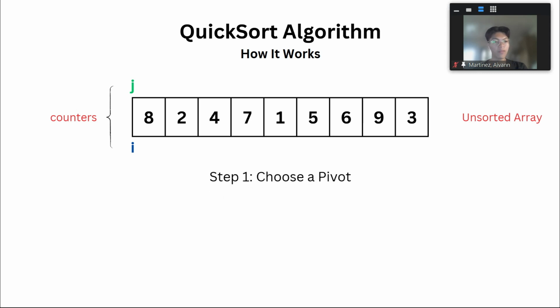So for our first step, we have to choose our pivot element. This is a crucial step in Quicksort because the whole process of partitioning the elements will be centered around this pivot element. We have different types of pivots, which will be further discussed later on in this video. But for the sake of the overview, let us choose the last element as our pivot element.